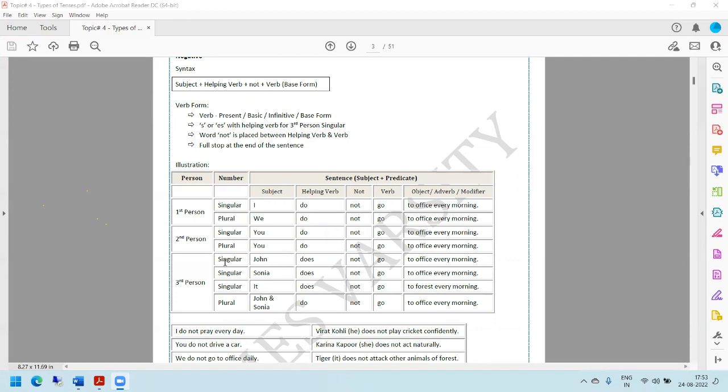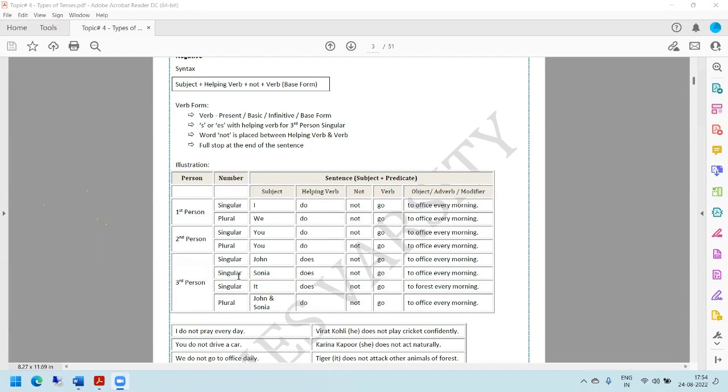For third person singular, es is added to the helping verb. This is the helping verb which is used in present simple tense for negative sentences, and es is added to this. So John does not go to office every morning.